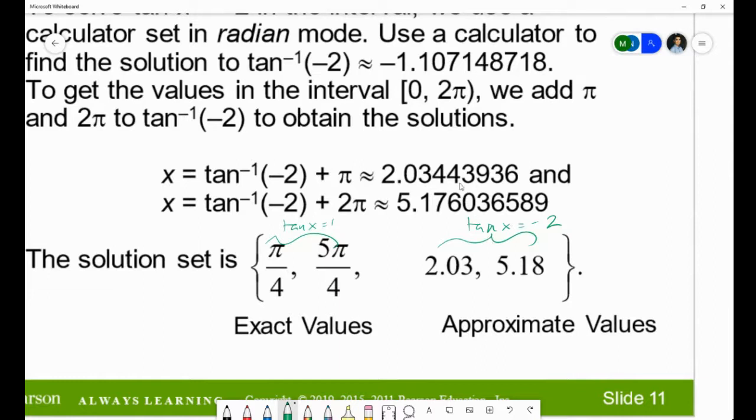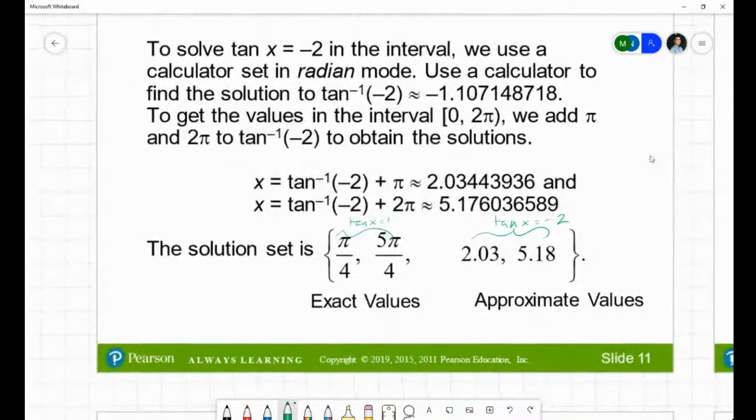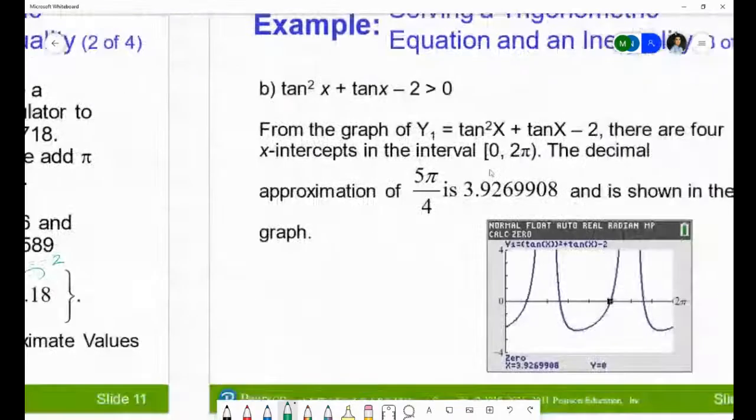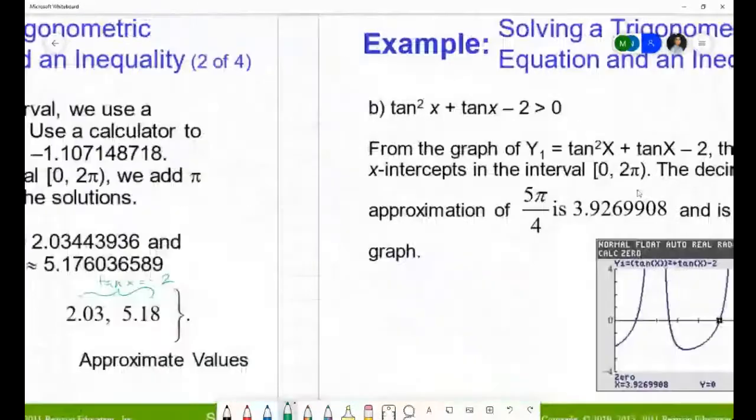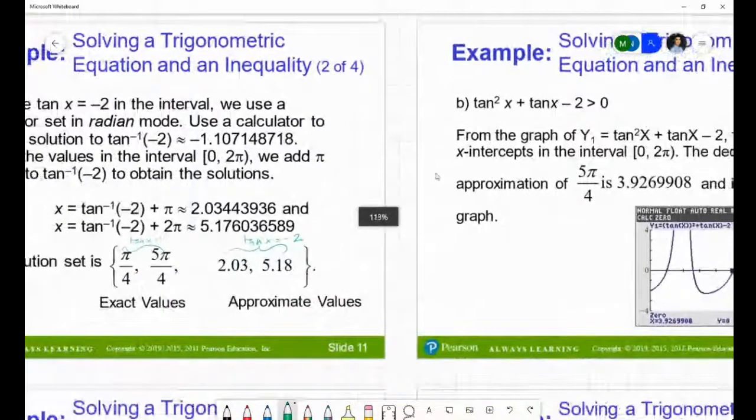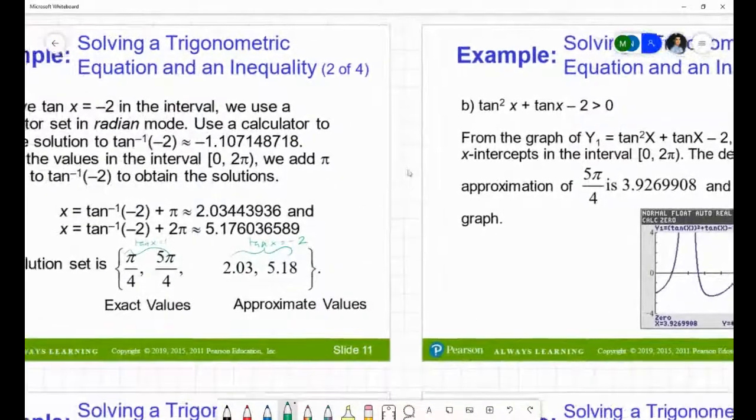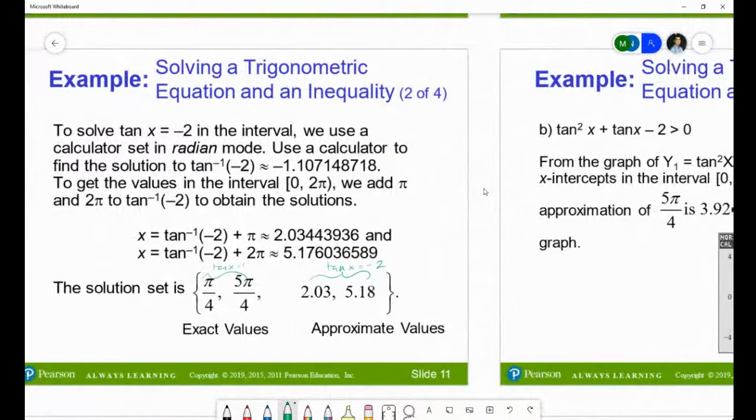All right, so let's look at the second part where it changed to a greater than sign. Hey, Professor, can we go back? I see what the paper said, that they had to add pi when it was tan x equals -2, right? But for tan x equals 1, we don't have to add any pi afterwards because it's already contained within the interval, right?